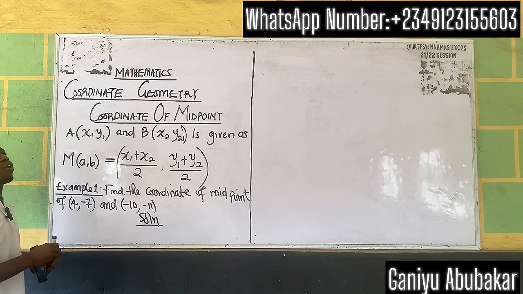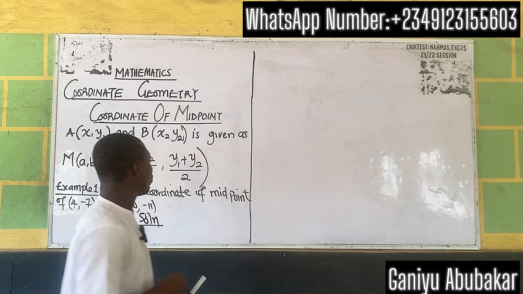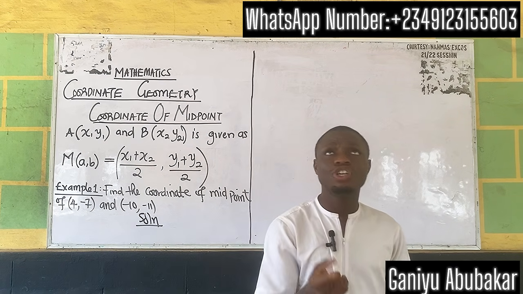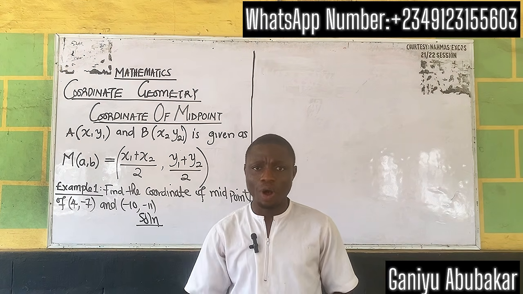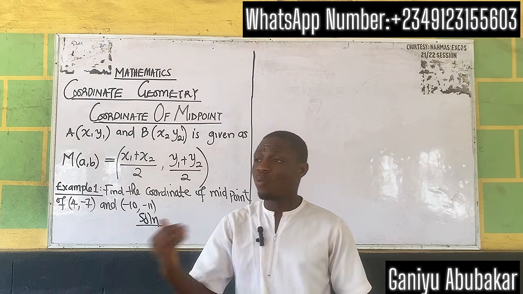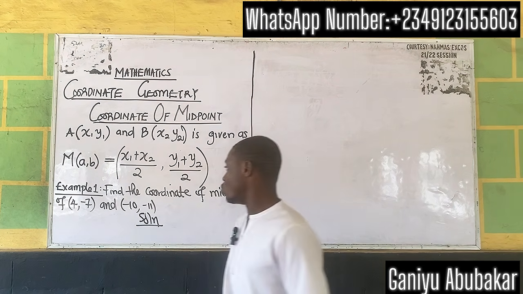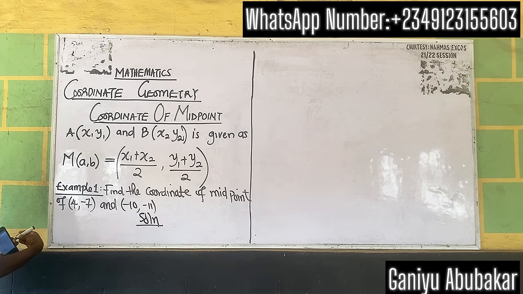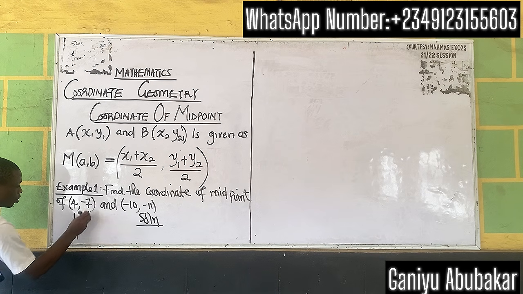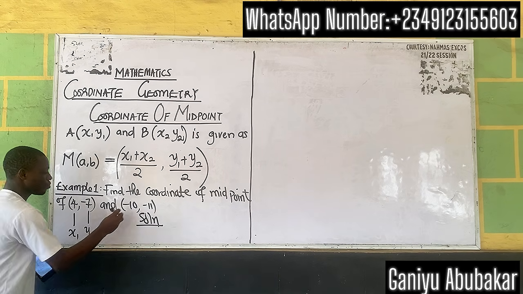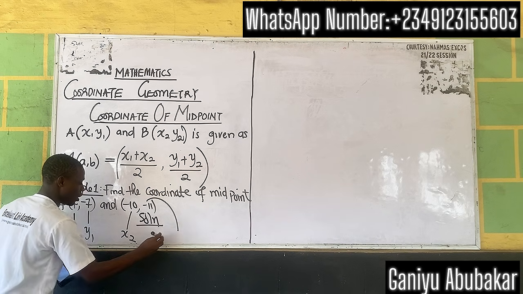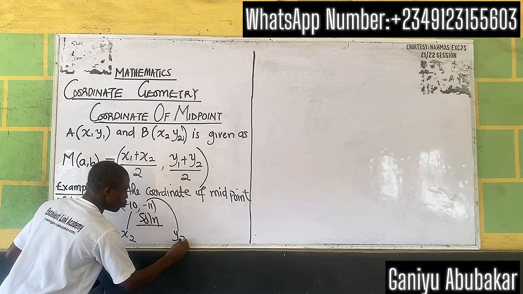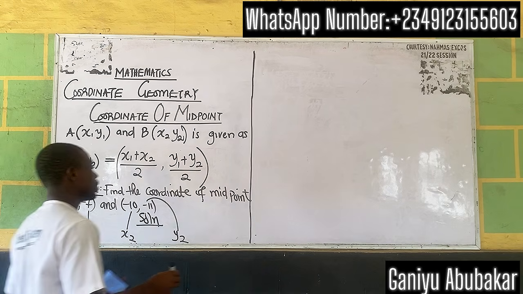Last class I said when it comes to solving any problem under coordinate geometry, your first task is to identify which is x and which is y, so which is x1, y1, x2, y2. In this case, this is your x1, this is your y1. This 10 gives you x2, and 11 is your y2.